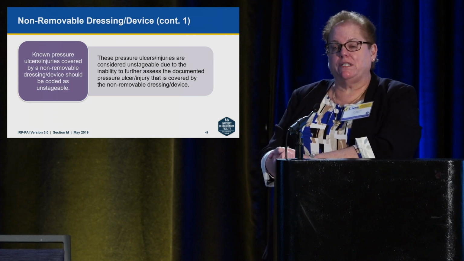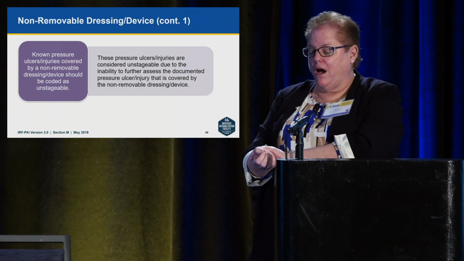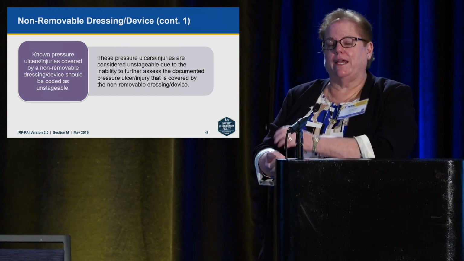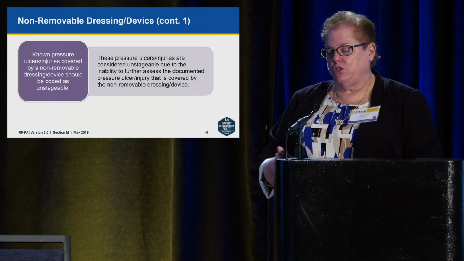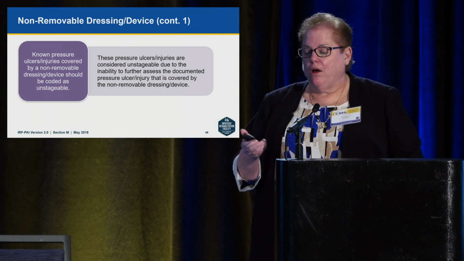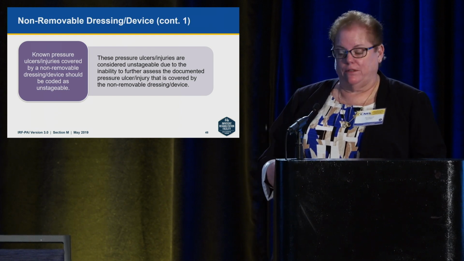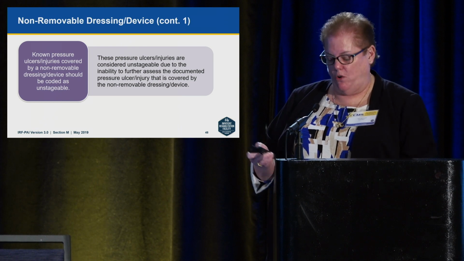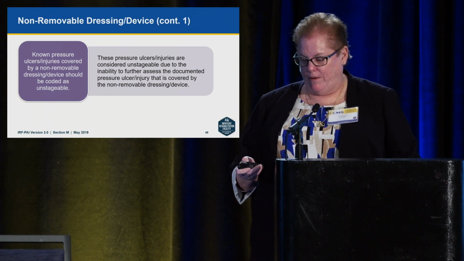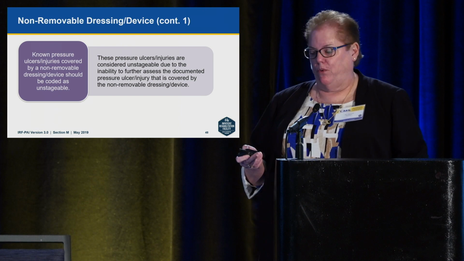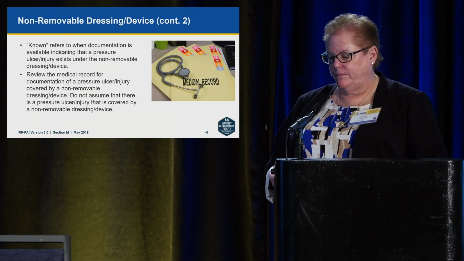And they may even tell you what stage it is. But then you turn around and you're like, well, I can't take it off, so I can't visualize it. So you need to say, there's something there, but I can't code it yet. But only if you have a known ulcer underneath it. So that's probably the biggest teaching point for you to take away here.